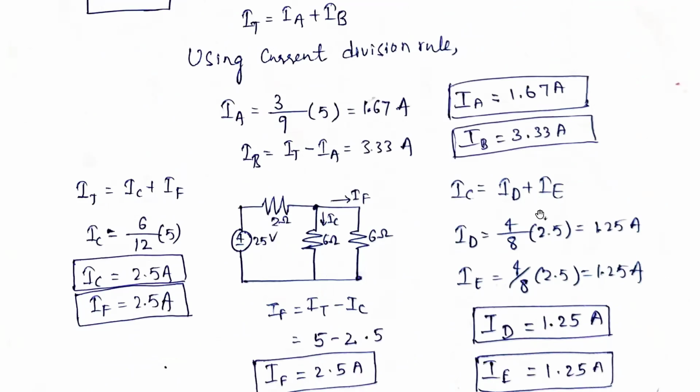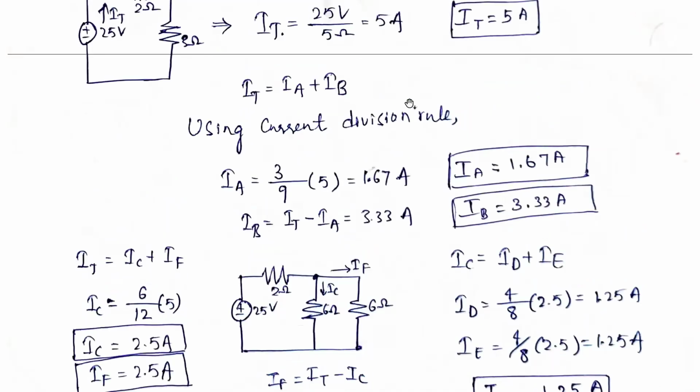Similarly, IC is nothing but 2.5 amperes, and ID is nothing but 1.25 amperes. So if you calculate IE is equal to IC minus ID, again you will get IE as 1.25 only. But here, just for your understanding, again I verified using the current division rule. So let's calculate what is IE.